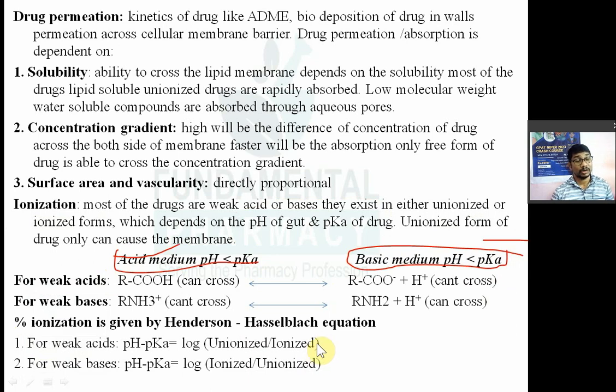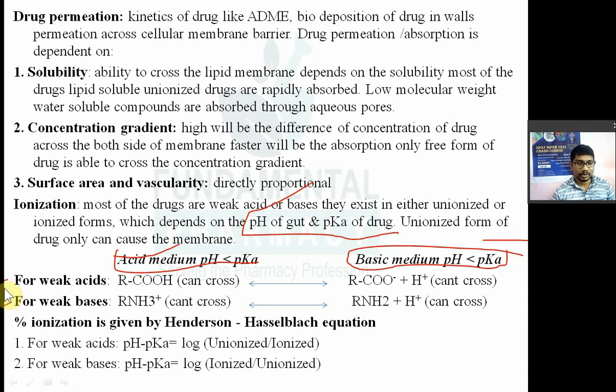Most of the drugs are either weak acids or weak bases, as I have told. Weak acids have an acidic group, like RCOOH, like acetyl salicylic acid. Weak acids will remain unionized in the acidic medium of the stomach.